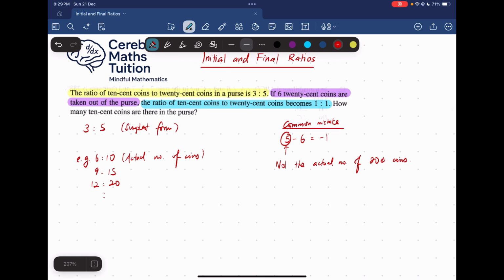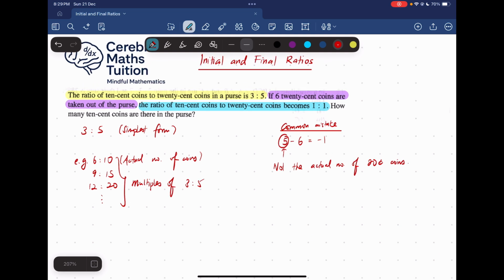All these are multiples of 3:5, such that when they get simplified, they get divided into 3:5. So the actual number of coins is going to be a multiple of 3 and a multiple of 5.